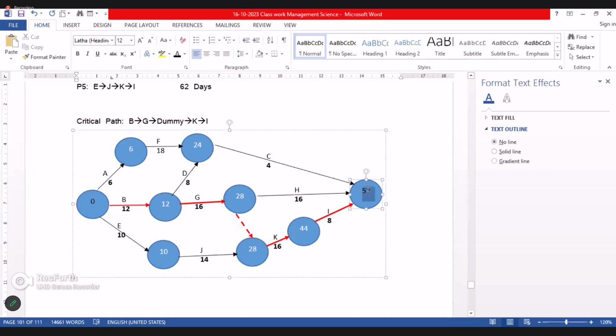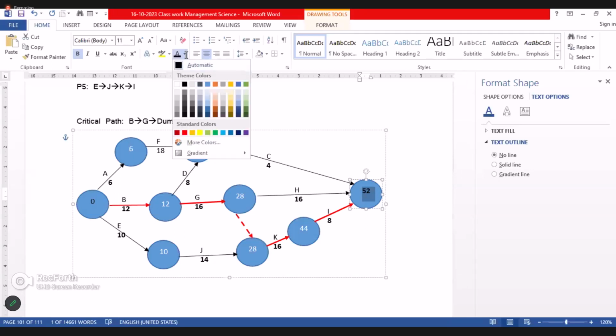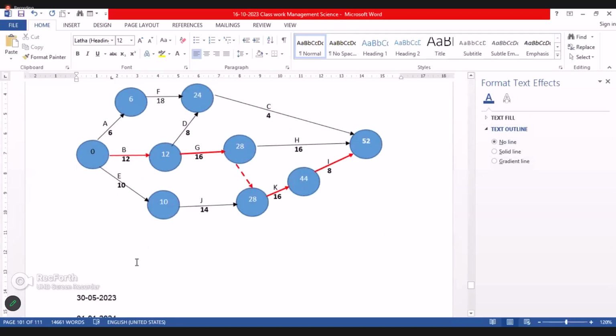Okay. These are the crash durations, the minimum durations, or fast durations. It's 52 days.